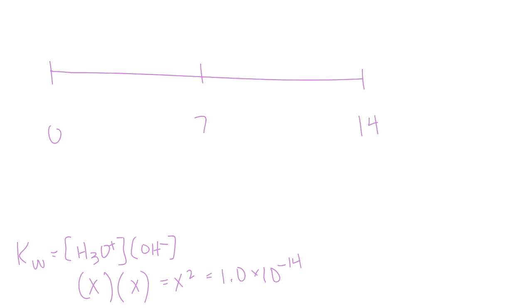And so when they're the same, that gives us a neutral compound. So how do we determine what the pH will be if we're looking at something neutral? Well, let's solve for x. Go ahead and solve for the value of x by taking the square root of 1 times 10 to the negative 14.